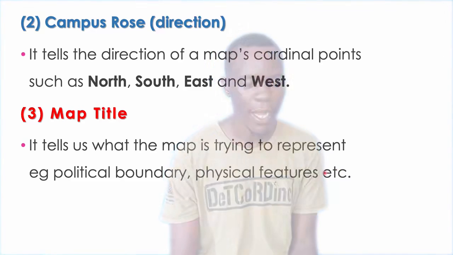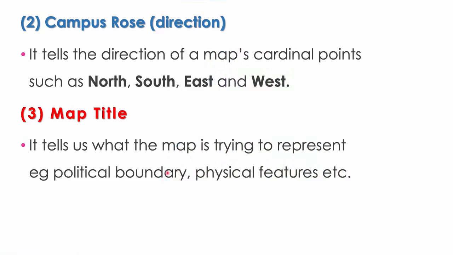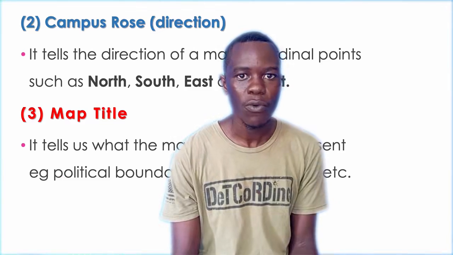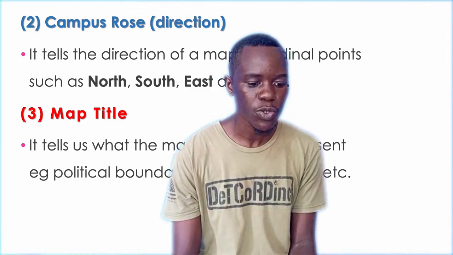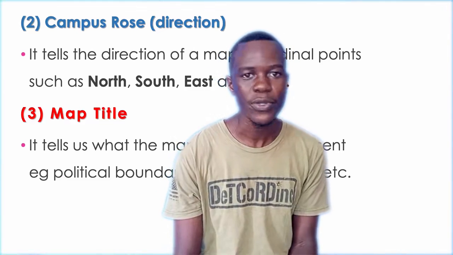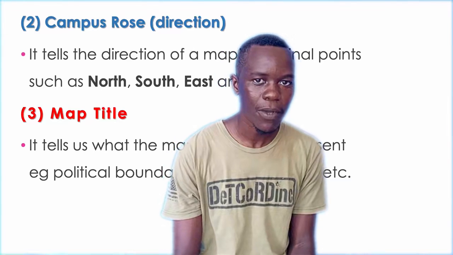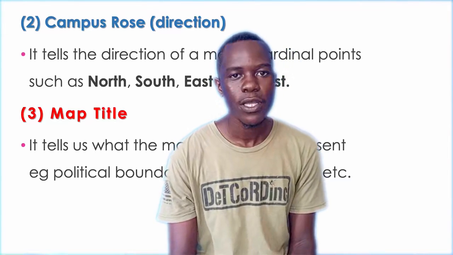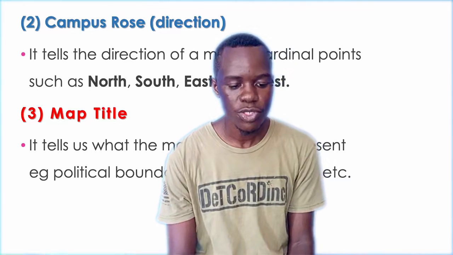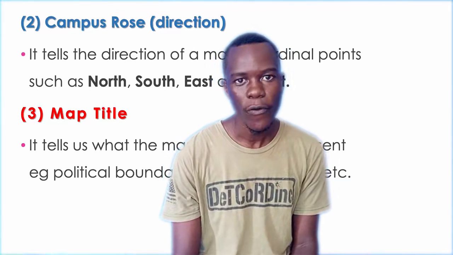For example, we can have a map title saying political boundary or physical features. So when looking at this map title, we'll be able to know that this map is all about political boundary. Or in other words, maybe this map is trying to illustrate some physical features.